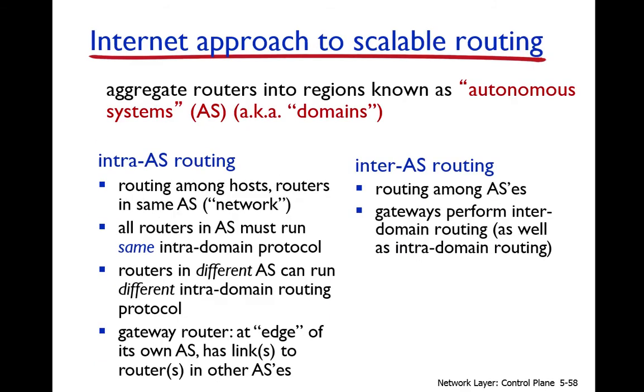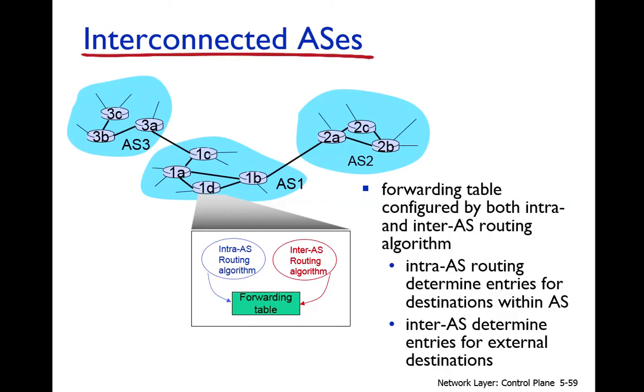But there is another challenge, another very important distinct characteristic. For example, we have three autonomous systems like this one. This is autonomous system number 3. This is autonomous system number 1. This is autonomous system 2. This autonomous system 2 contains the routers, the hosts and so on.